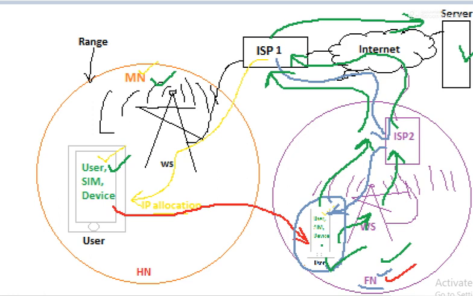Probably in the next theory session I'll try to cover in more depth what the actual difference is between a stable network and a mobile network, how a stable network varies from a mobile network, and what the role of mobile IP is in that case.